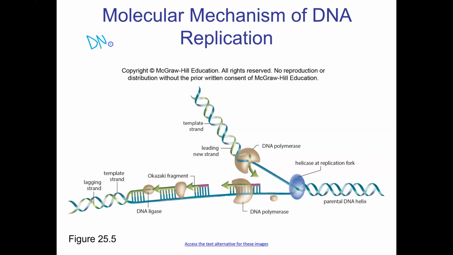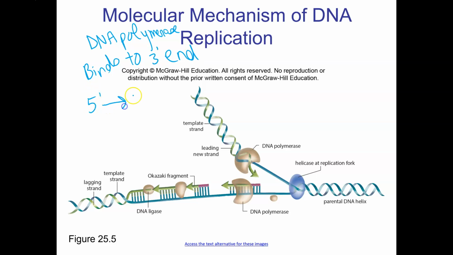DNA polymerase binds to 3' end. And we only produce DNA then in a 5' to 3' direction.